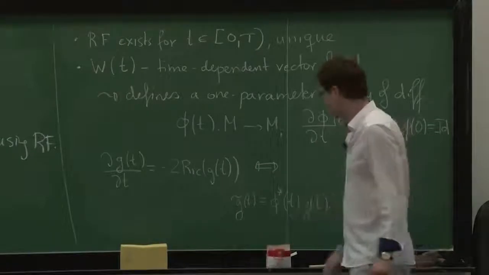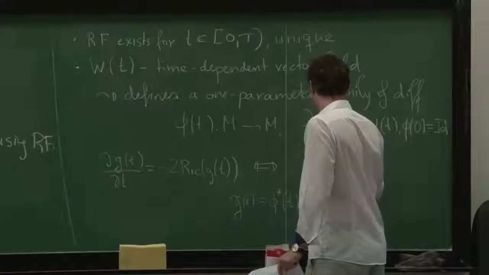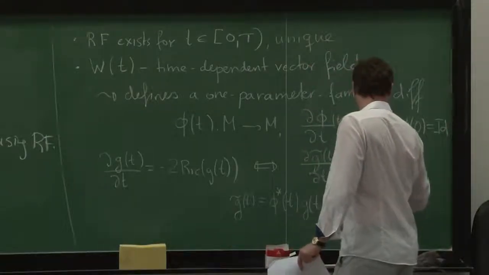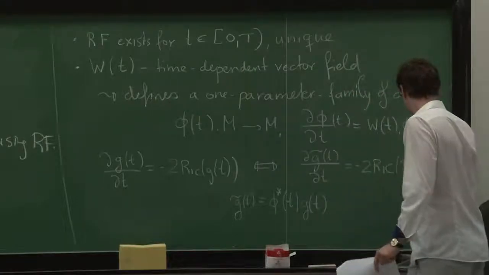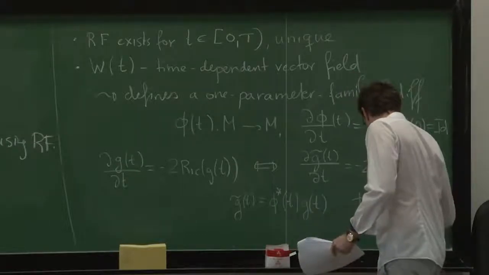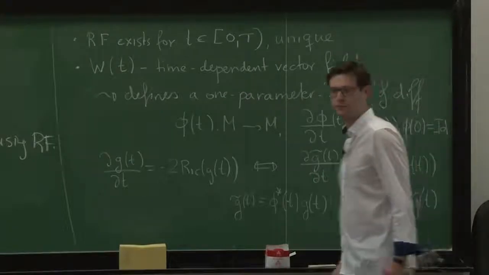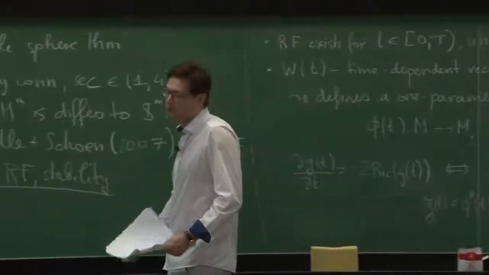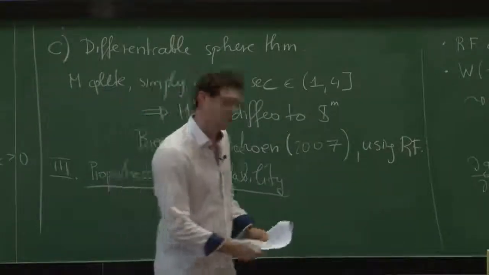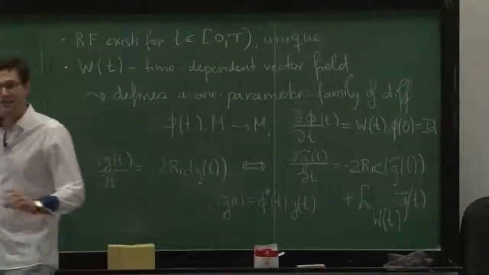I can write it down explicitly. It looks very similar, but there is an additional term, the Lie derivative of g tilde. Now you may ask yourself, what's the point? Why make a simple equation more complicated? It's actually the other way around.